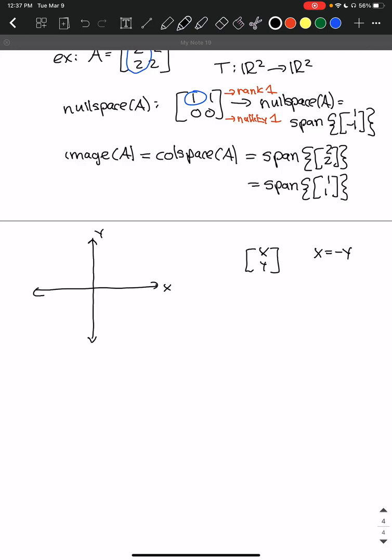And so in particular, that's a line that looks like this, right? Has slope of negative 1. And as you guessed it, my image is x is equal to y, right? That's what the span of the column vector 1, 1 means. And so right through here at the origin, I have my image of A.